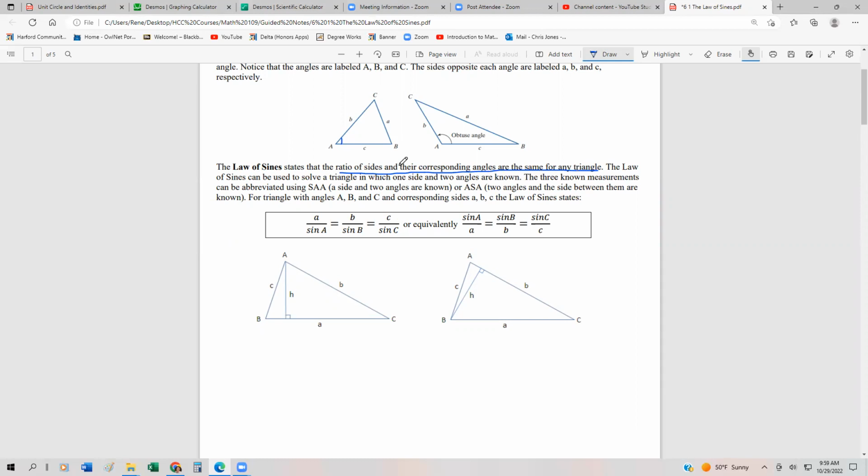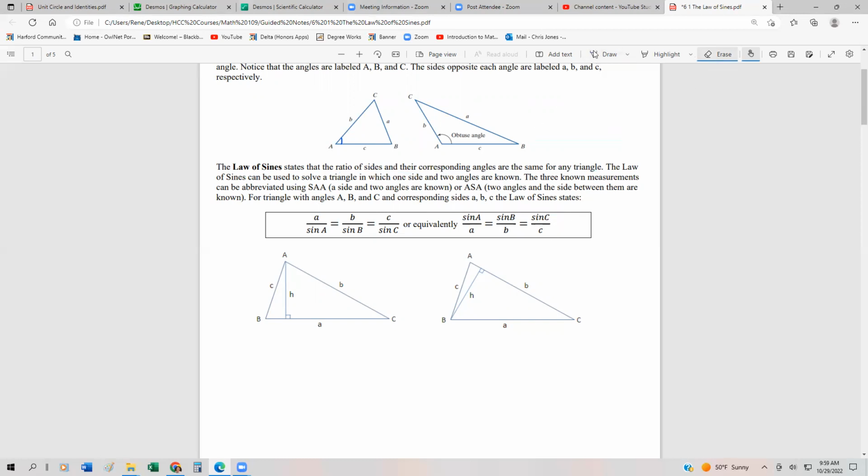Basically, the sine of an angle over its corresponding opposite side is equal to the sine of another angle over its opposite side, and the sine of the third angle over its opposite side. Or we could just take the reciprocal of all of those, and this is the version I prefer: sine A over A, sine B over B, sine C over C.